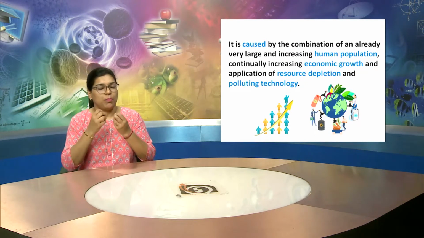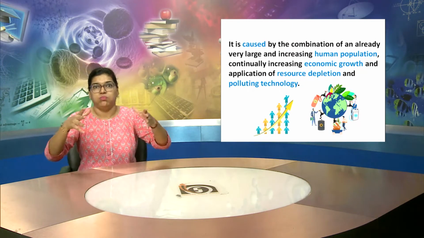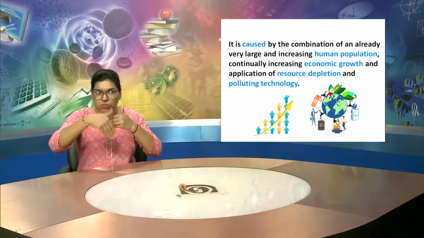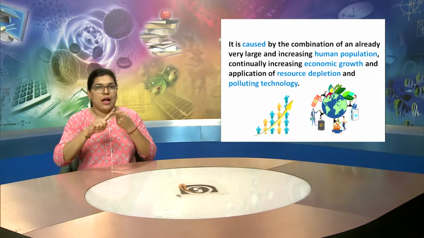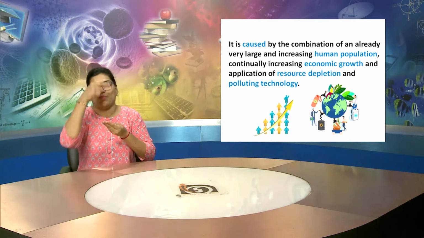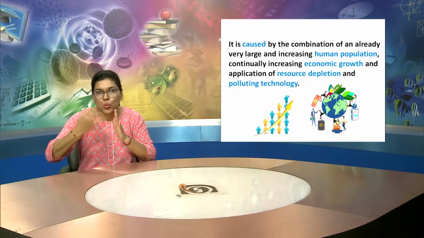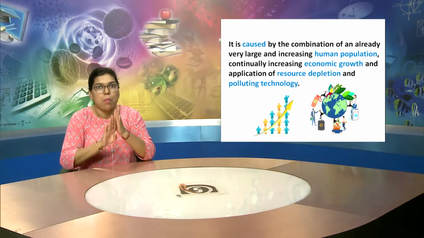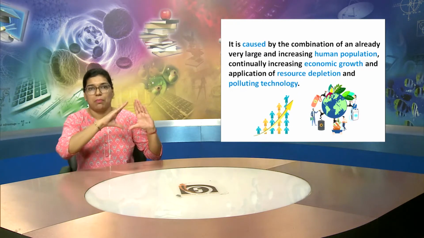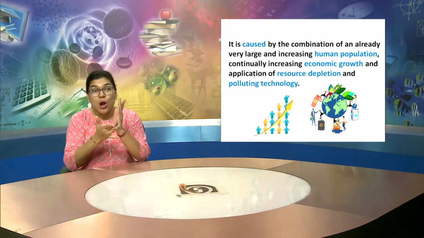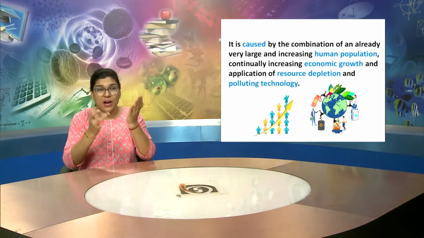And what is the reason that the environment is degraded? It is caused by the combination of an already very large and increasing human population. And this human population is continuously increasing.